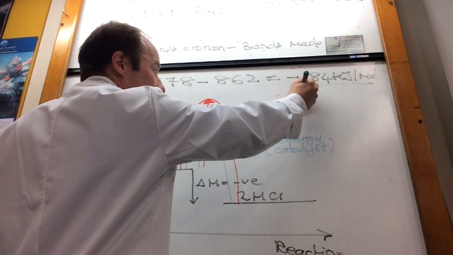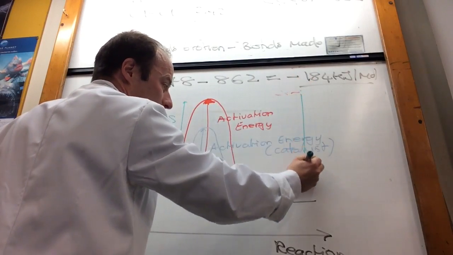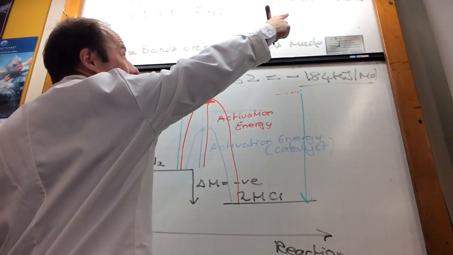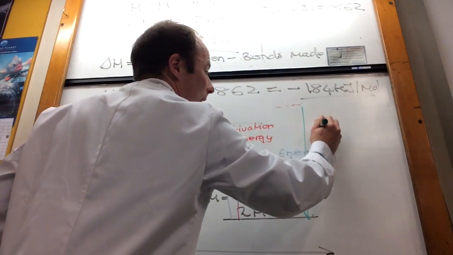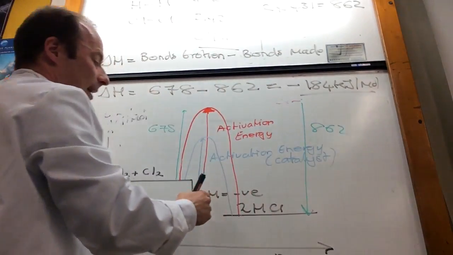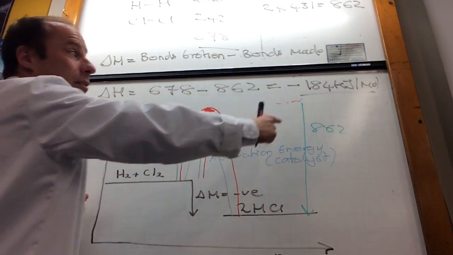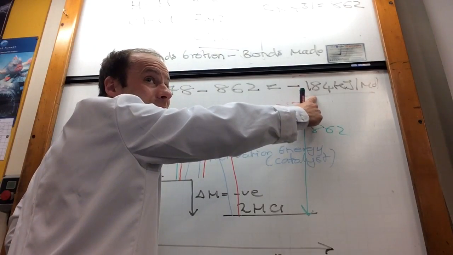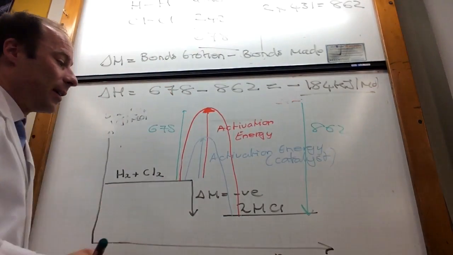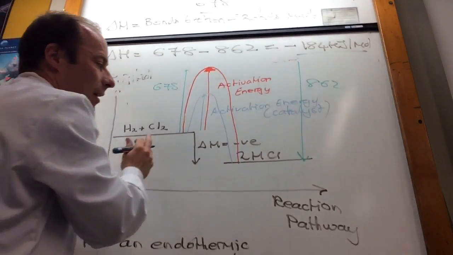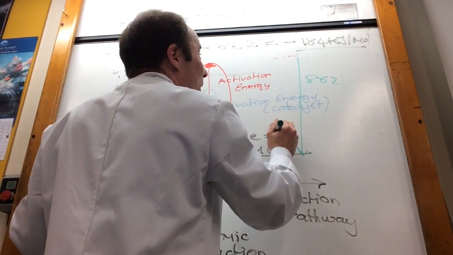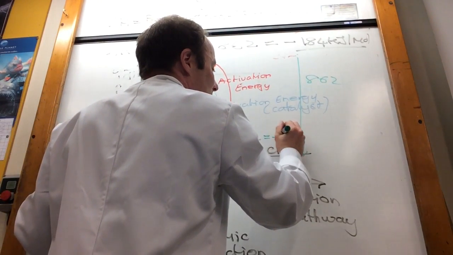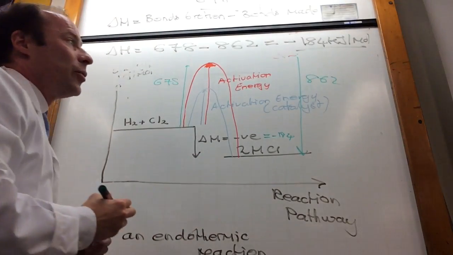How much energy did I get back when I made the bonds? 862. And then that distance there is minus 184. Yeah, okay. So delta H is negative, and we now know it to be minus 184 kilojoules per mole.